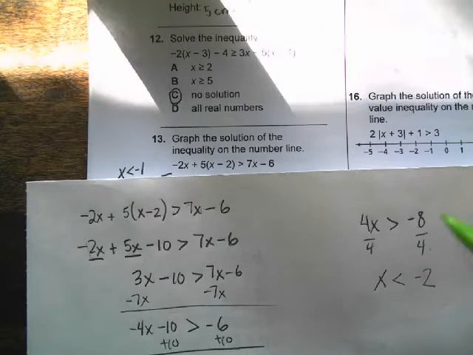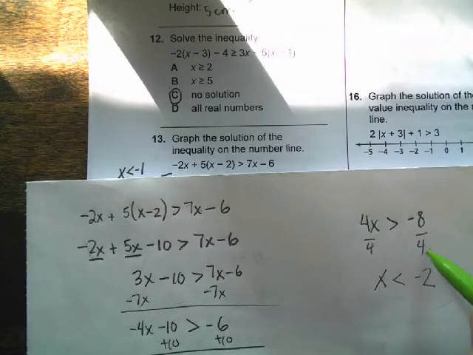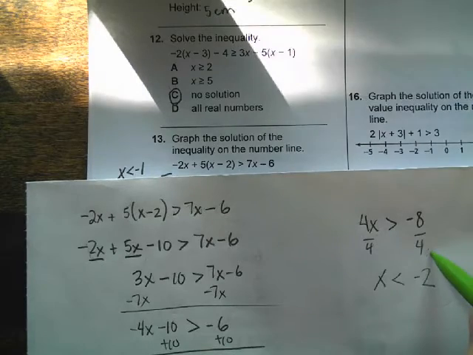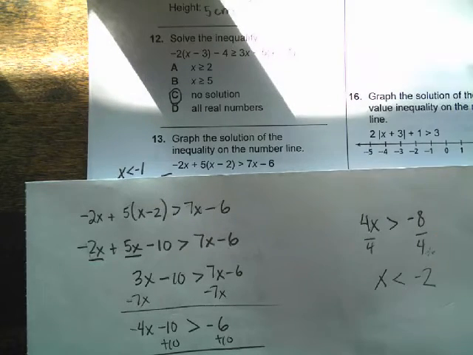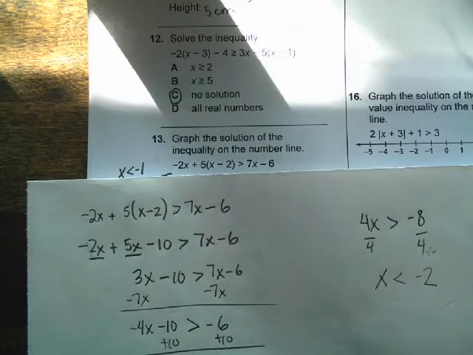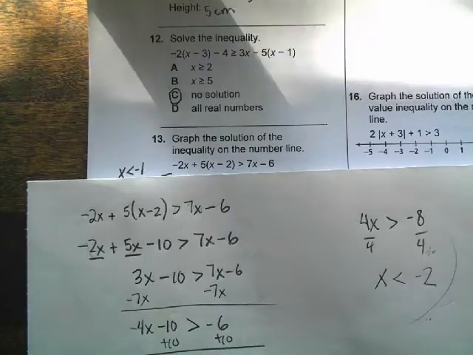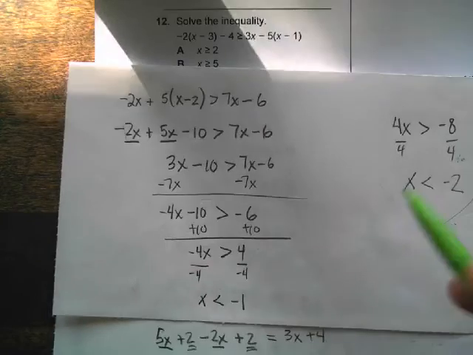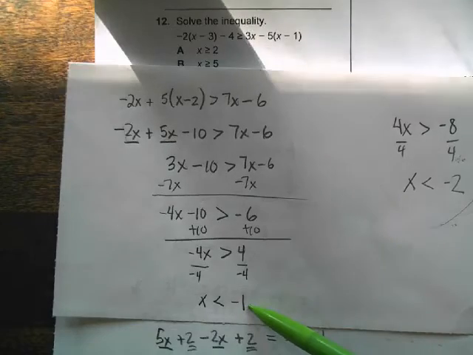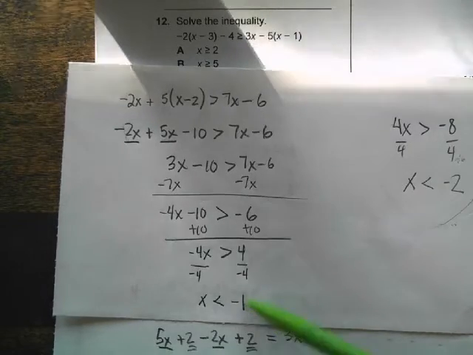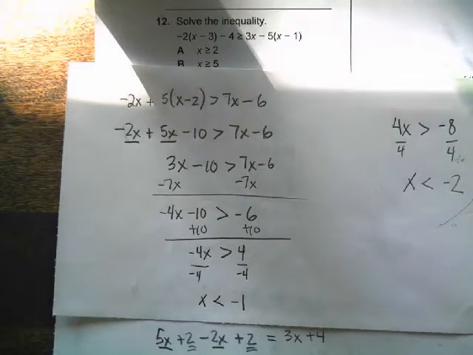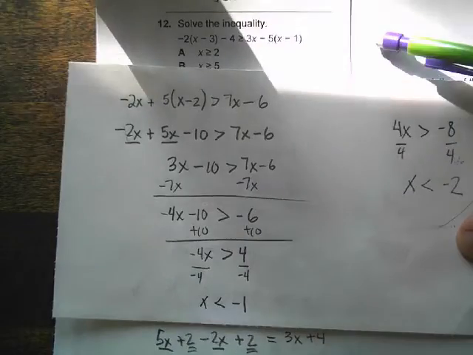The number on the bottom has to be negative. Or when we multiply by a negative, which is rare that we do anyway. I just wanted to make sure we understand this, because it will probably show up on the test as well: when do we flip the inequality and when do we not flip it.